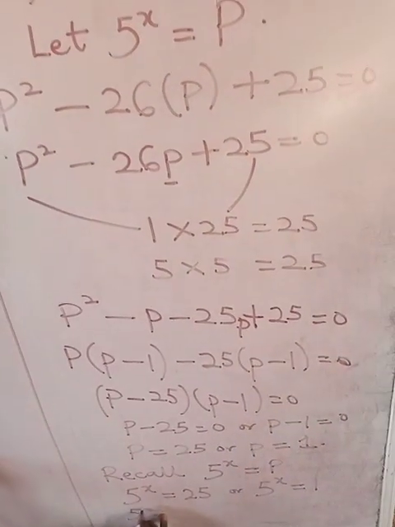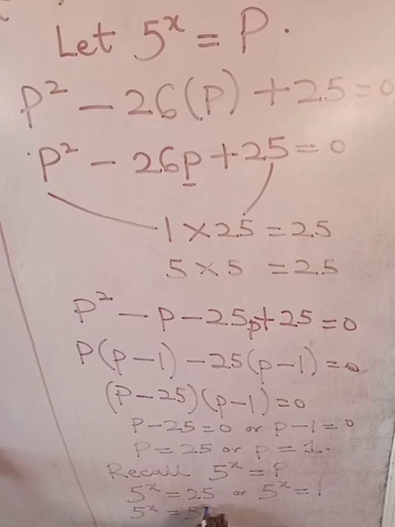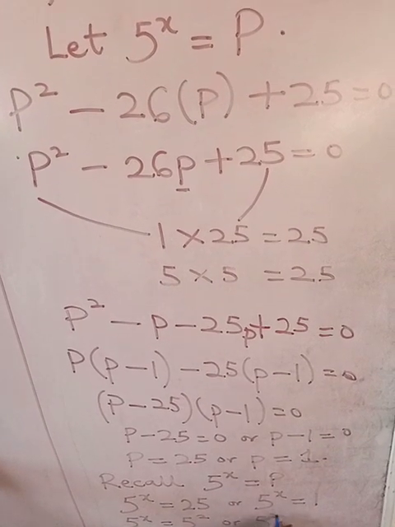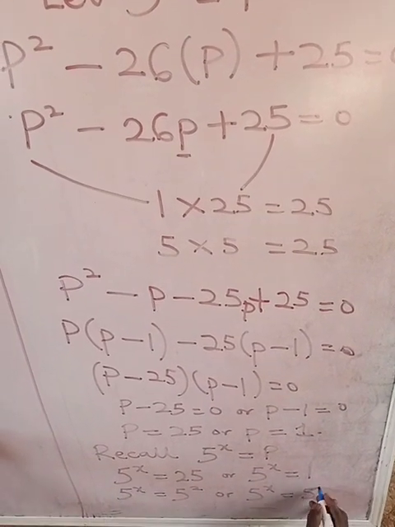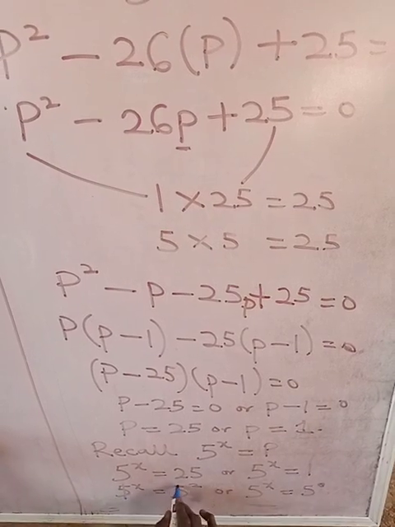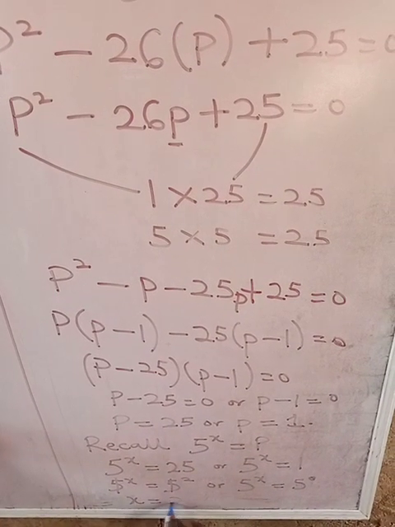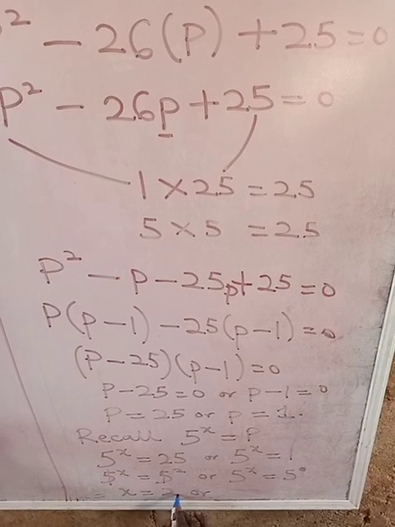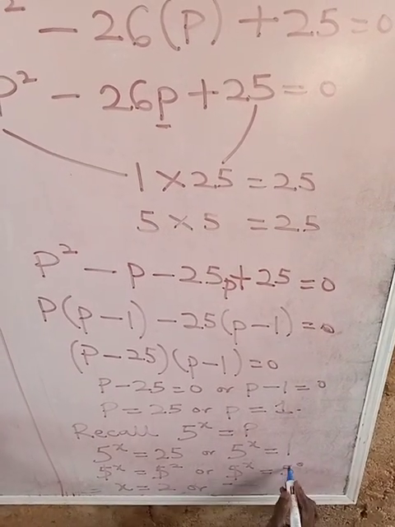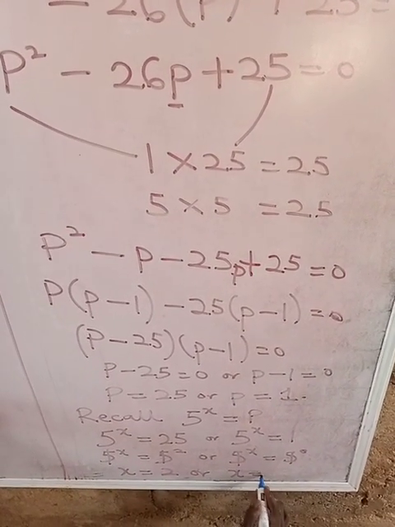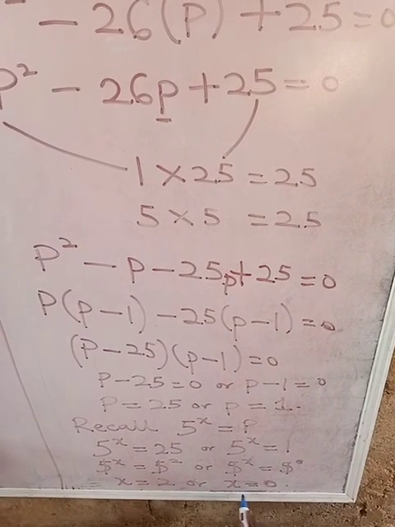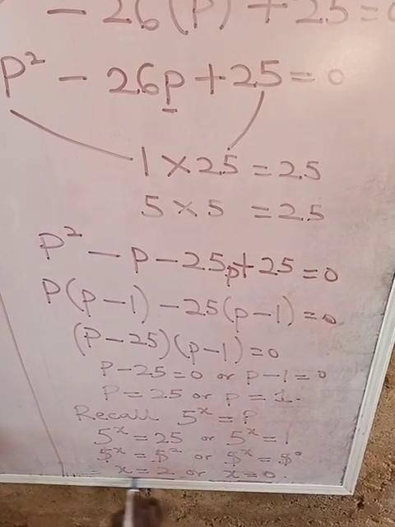So 5 raised to power x equals 25 is 5 raised to power 2, or 5 raised to power x equals 5 raised to power 0. Any number raised to power 0 is 1. So you can cancel the bases, and x will be 2, or x will be 0. So for the equation, x will be 0 or 2.